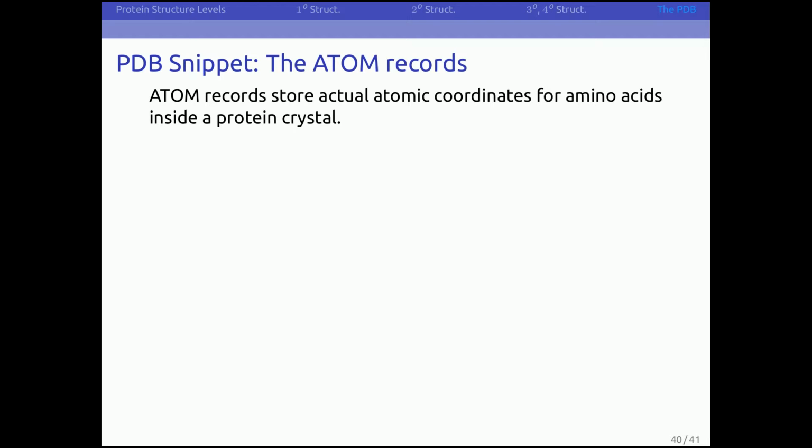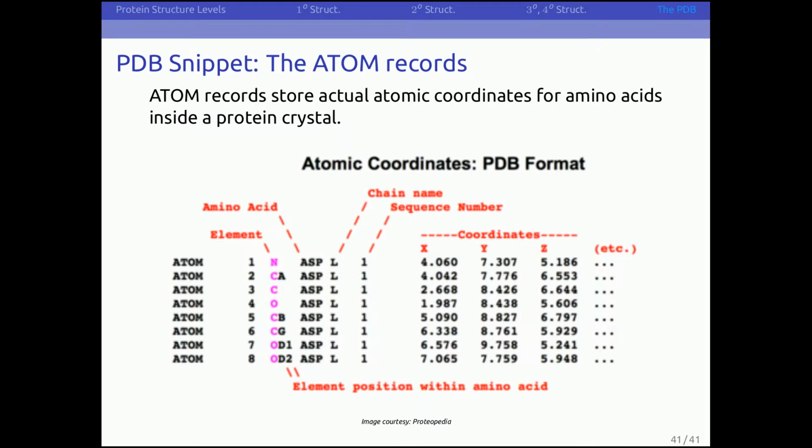So let's take a look at what these look like in a file. Each amino acid is broken down into each of its constituent atoms. So remember, this is an atom record. We're not looking at the full amino acid here. We're looking at individual atoms.